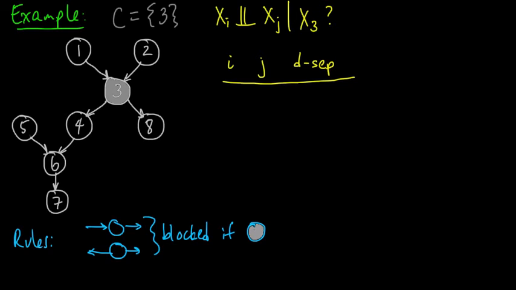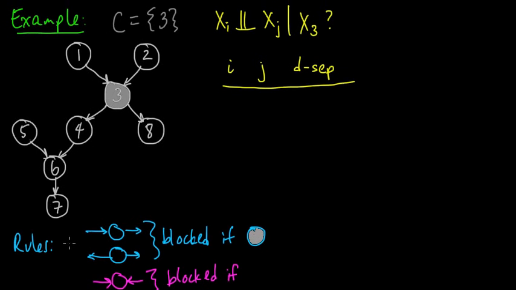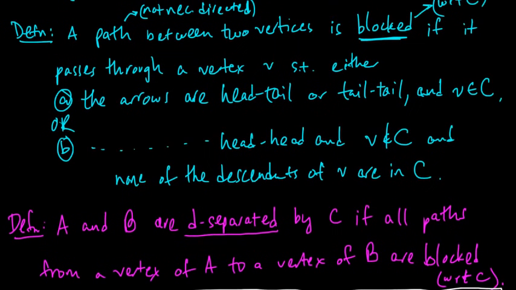On the other hand, maybe use a different color. If we have a head-to-head relationship along the path, then this is blocked at that vertex if, so what was B? That was condition A, and this will be for B. So this would be case A, and this would be case B. And for B, what was the criterion for a path to be blocked?